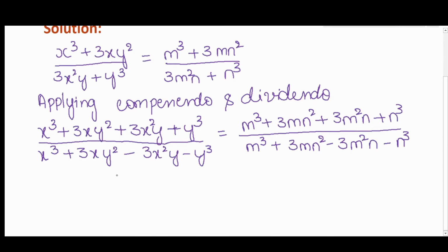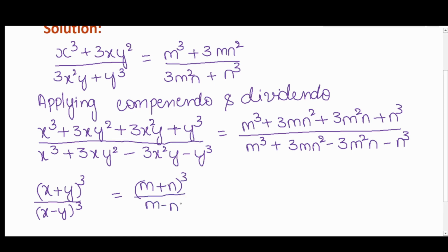See, you can see this is in the form of a cube plus 3ab square plus 3a square b plus b cube. So this is the identity for x plus y whole cube. And you can see the denominator is the formula or the identity for x minus y whole cube. Same thing on the right hand side also, it's the formula for m plus n whole cube divided by m minus n whole cube.